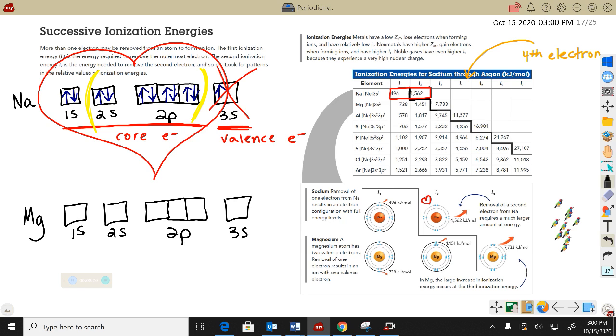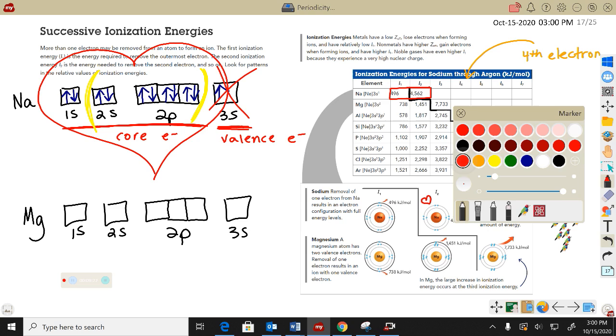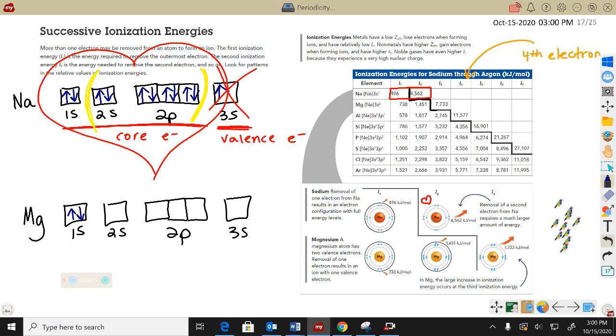Really similar. Magnesium just has 1 extra electron for 12. So I would have 1s2, 2s2. I know I'm going to fill these p orbitals with 6. This only gets me to 10. And so then I'd need 11, 12.